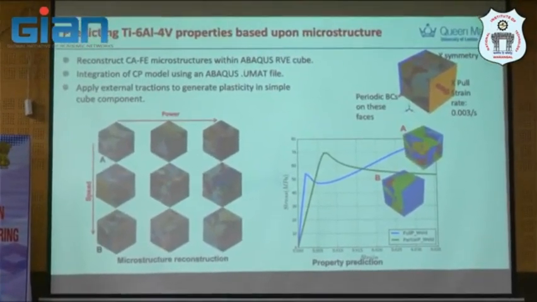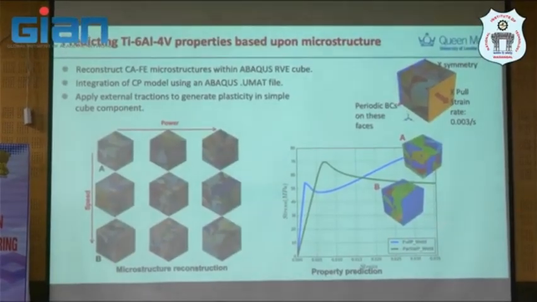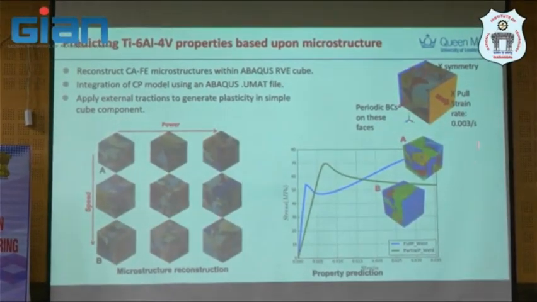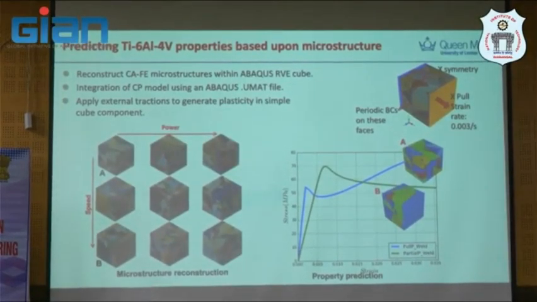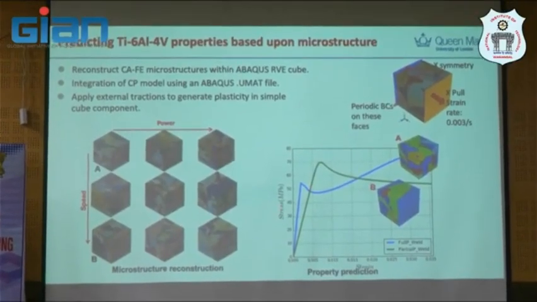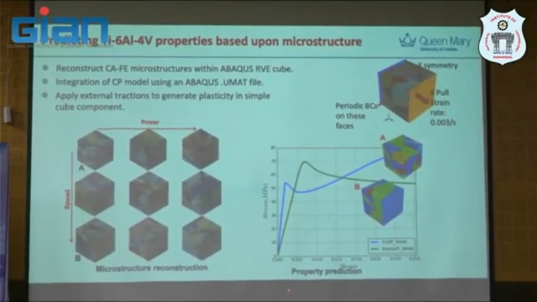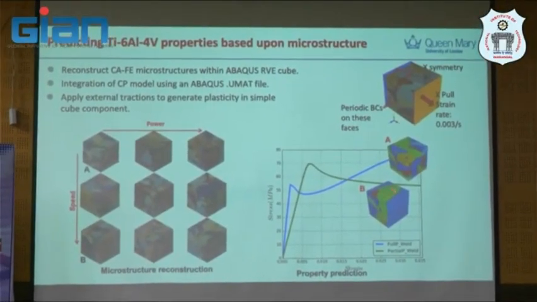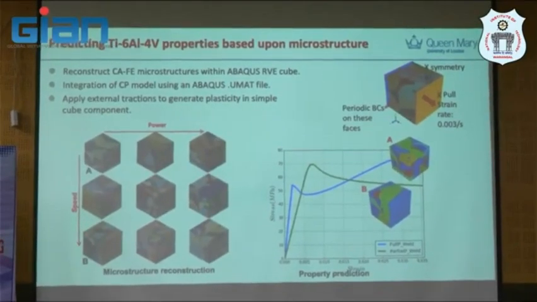With the representative boundary conditions, we can get some differences between full penetration, partial penetration or conduction, and keyhole mode structure. You will have different behavior from A to B. For example, this one is softening and another one is hardening. That is something we need further research to do, with more and more cases.